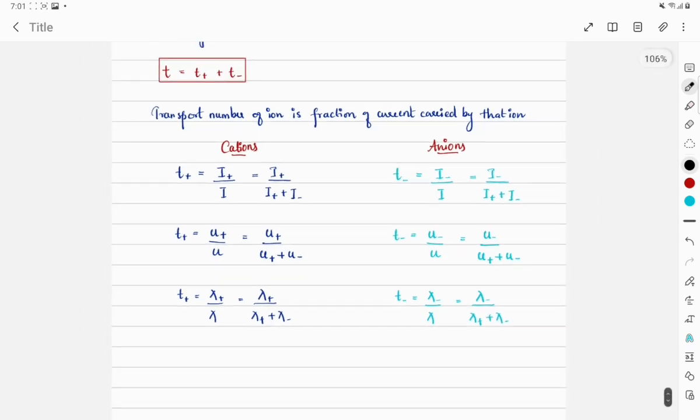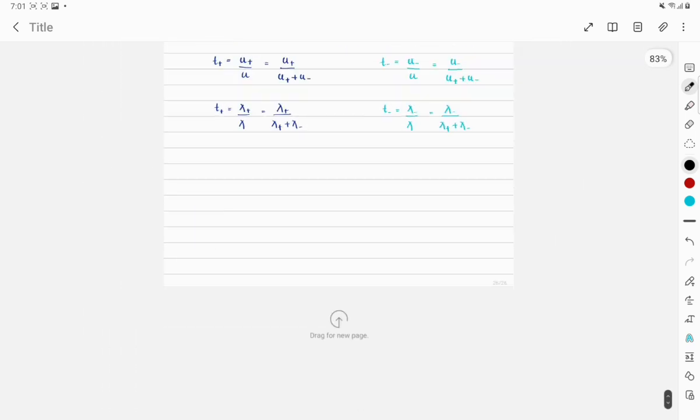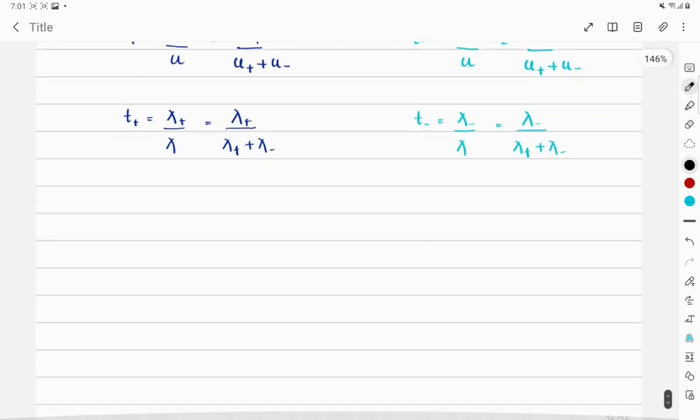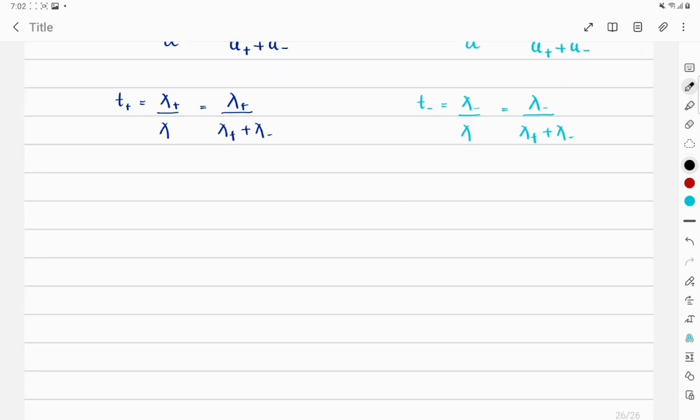Okay, so next we are going to learn one important parameter that is called the ionic strength. Ionic strength, which is represented as I, can be called the measure of total concentration of all the ions present in the solution when we consider their charge also.